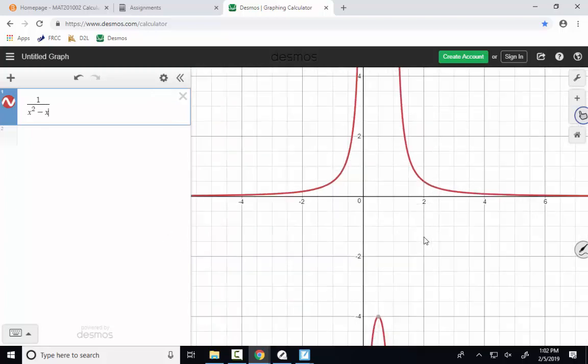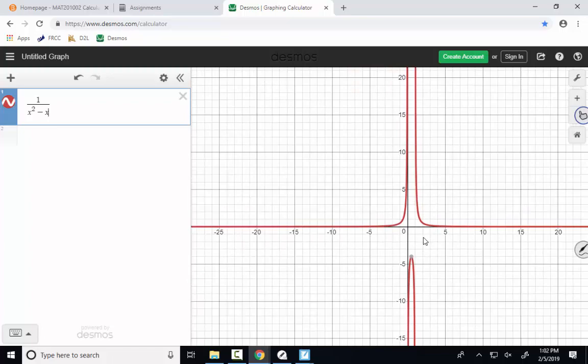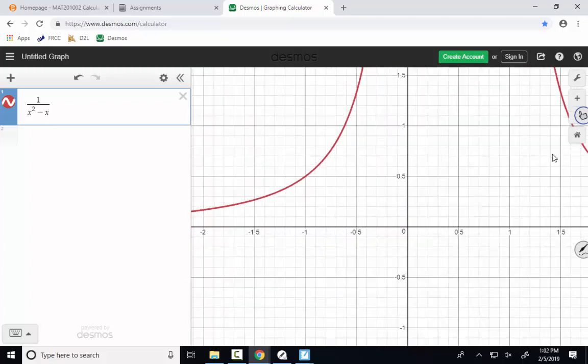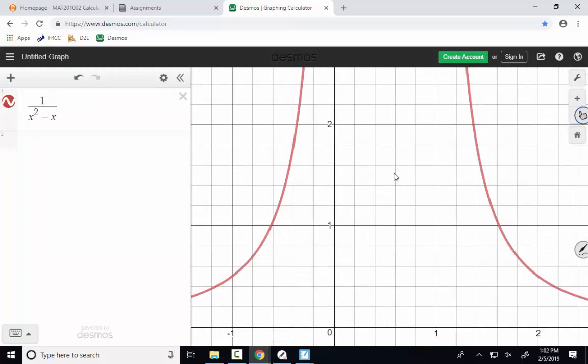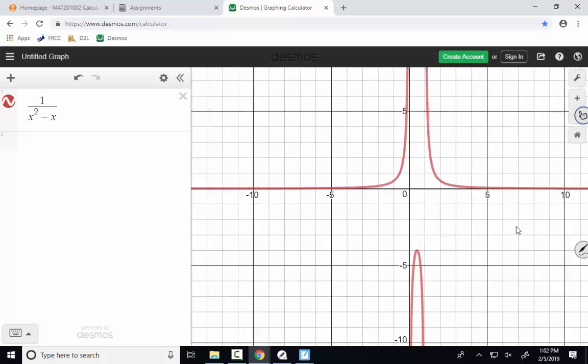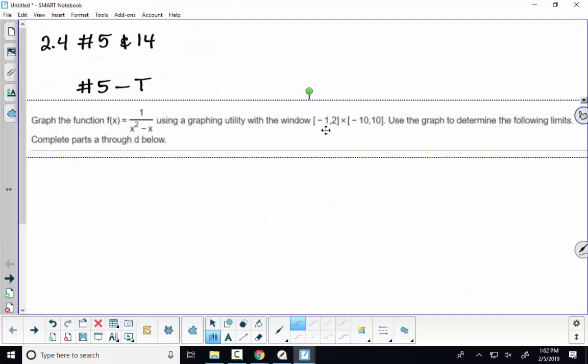The reason they chose the window is just so you could see, if we looked at this graph on another window, we might not get an accurate picture of what it is. So the window they provide is just so you can get this piece that's down here too, because they said an x value from -1 to 2, and a y value from -10 to 10.